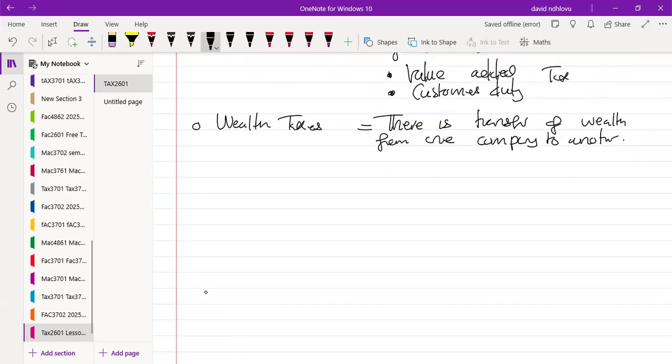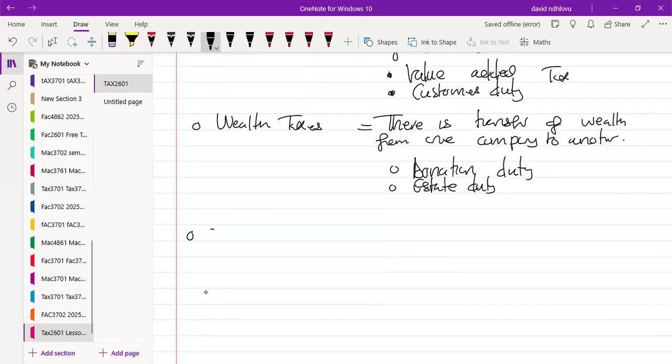A type of taxes that fall under this category are donations. Whenever you make a donation, there is going to be a charge, which is currently sitting at around 20%. Estate duty, there is a transfer of wealth there from one person to another. So that's an example of a wealth tax.